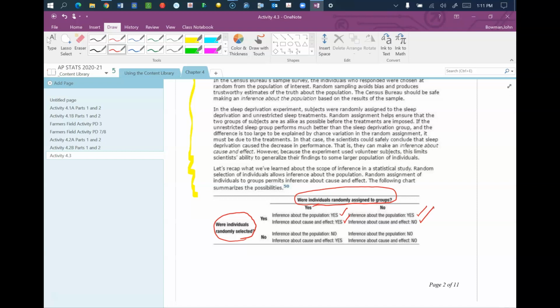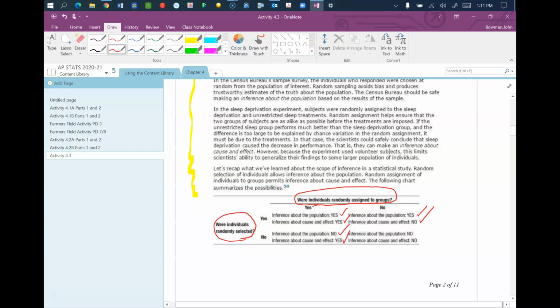If, on the other hand, the subjects were not randomly selected from the population, let's say they were volunteers, but they were still randomly assigned to control and treatment groups, you couldn't make inferences about the population, but you could establish cause and effect.